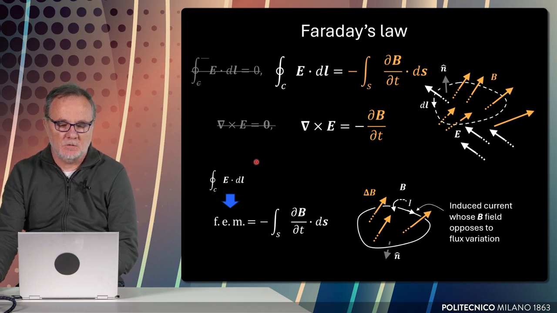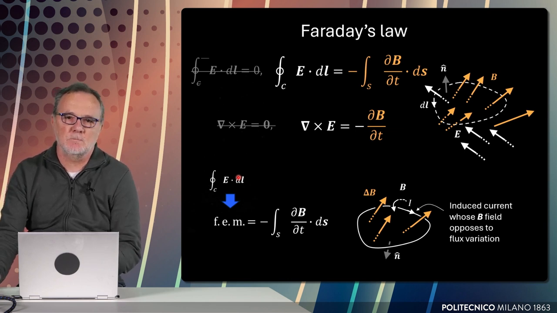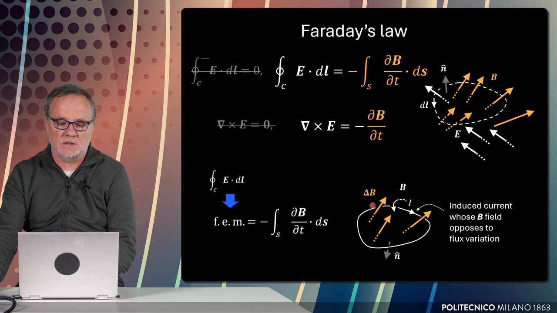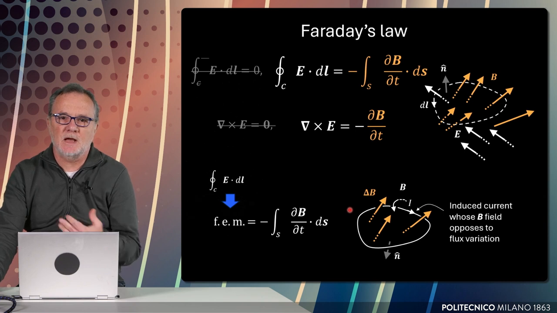Now, the circulation of the electric field over a closed line can be seen as an electromotive force applied to this line. In particular, we are concerned with the case in which, instead of an imaginary line that we plot in space, we have a wire on which there can be a current flowing, and let's suppose that we are in the presence of a flux of B that varies over time.